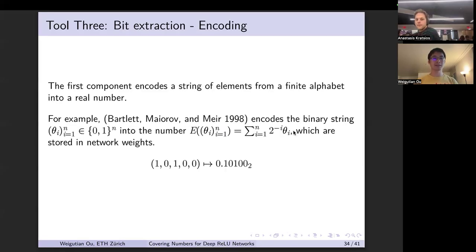For the encoding part, let's say you want to encode a binary string 10100 as a single number. How should we do that? Intuitively, we just write it down as a binary number. And what they did is that they write it as 0.10100 in its binary form. That's the first component. And the encoding will then be stored as a weight of the network.